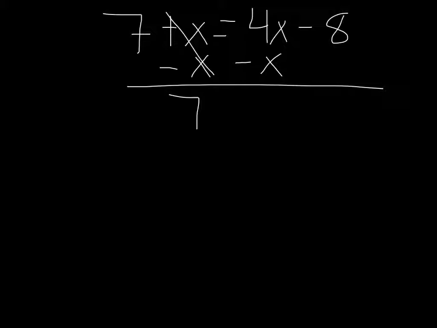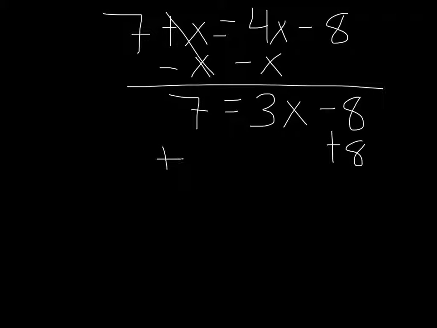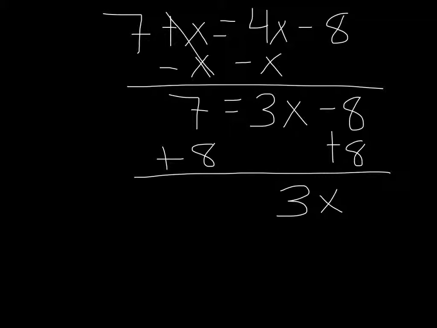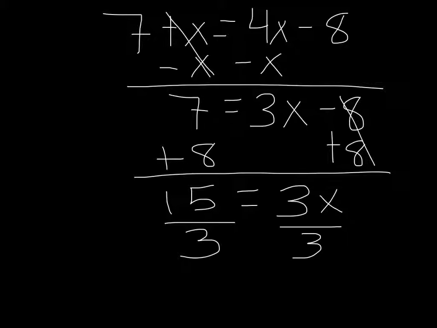That leaves me with 7 equals 3x minus 8. Add 8 to both sides. I get 3x equals 15. And then I divide both sides by 3. And I get x equals 5.